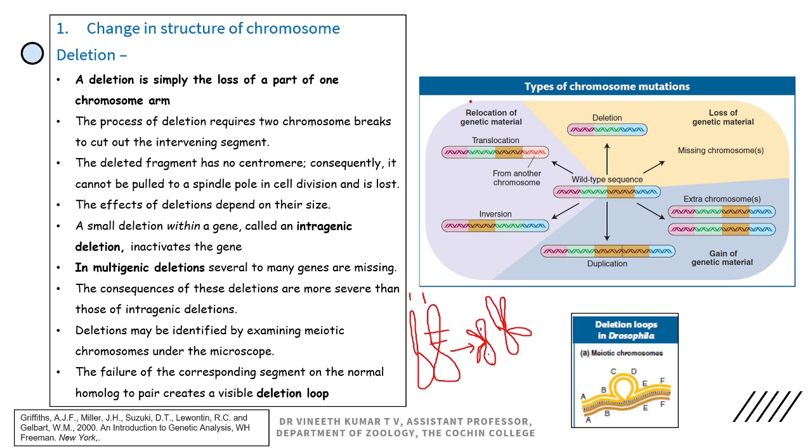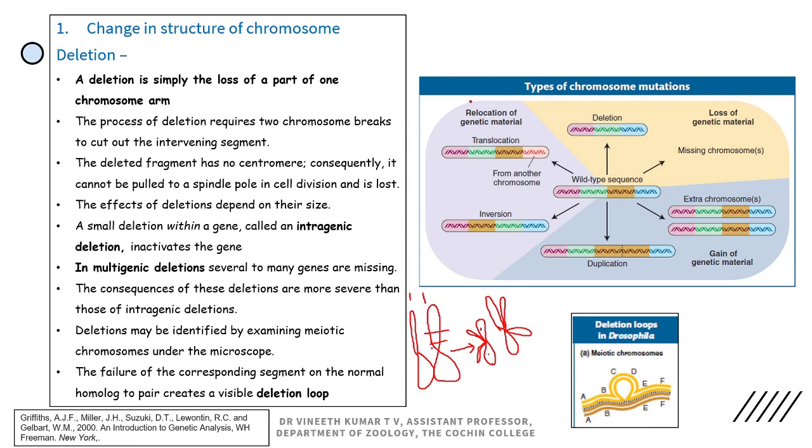If these are gametic cells, consider this deletion has happened in the gametic cells or germ cells, these chromosomes will move to meiosis. And during meiosis, as we said, during prophase, because these are homologous chromosomes, they will come close together, and because they are homologous, they start to cross over. When they try to cross over, usually they have all genes in common.